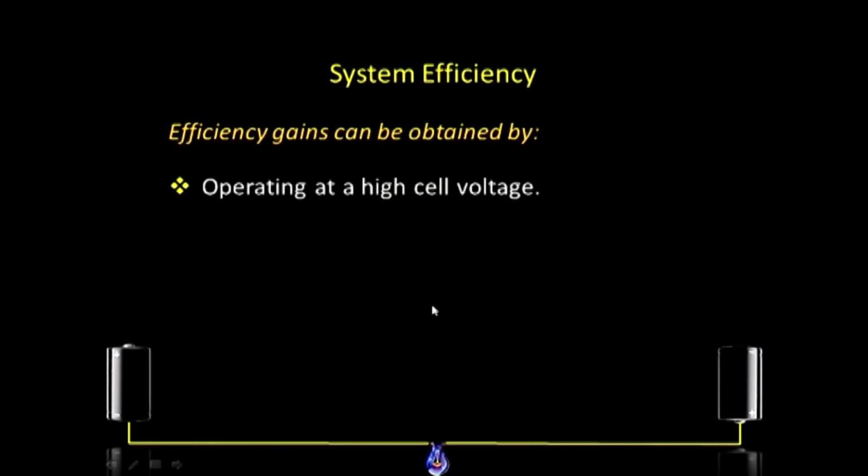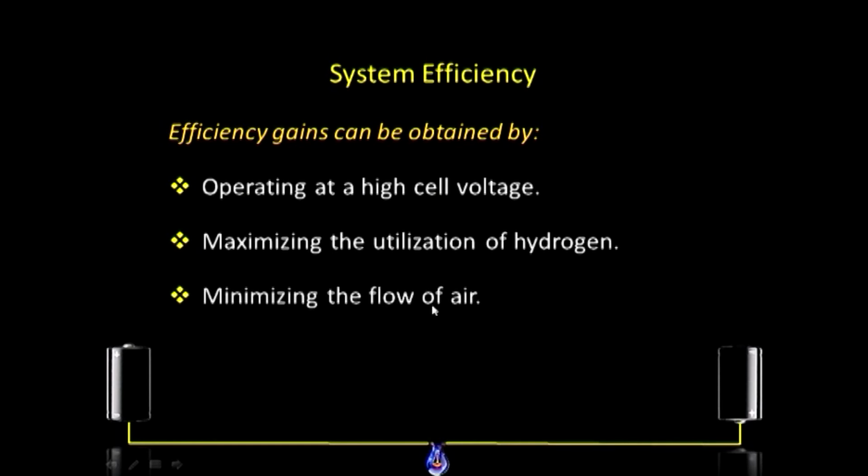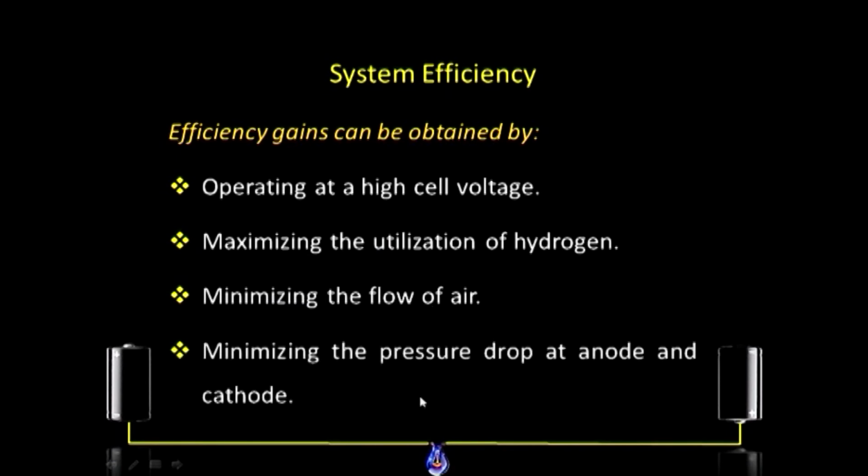The efficiency gains can be obtained by operating at a high cell voltage, maximizing the utilization of hydrogen, minimizing the flow of air or oxygen which we are using, and minimizing the pressure drop at the anode and cathode.